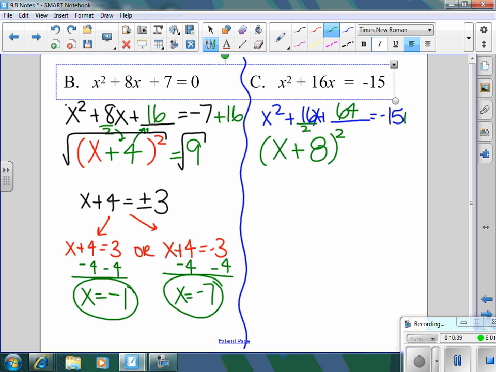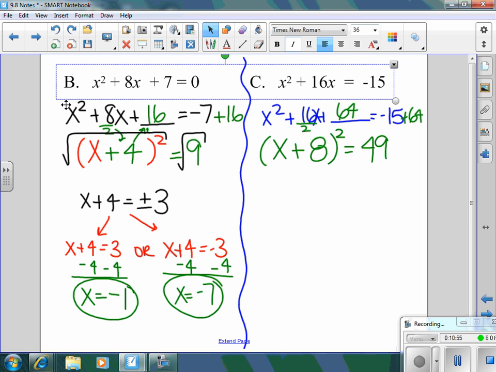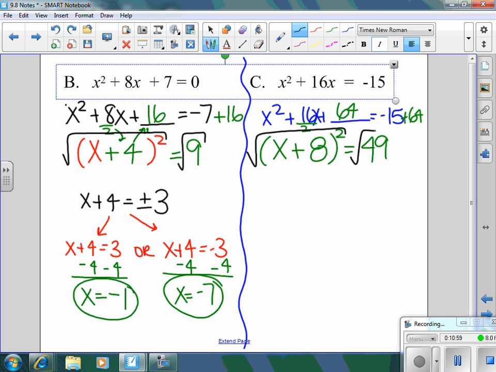If I add 64 to one side, I have to add 64 to the other side. So negative 15 plus 64 is going to give us 49. Love it when it's a nice perfect square. And then we can take the square root of both sides to solve. So I get x plus 8 could equal plus or minus 7.